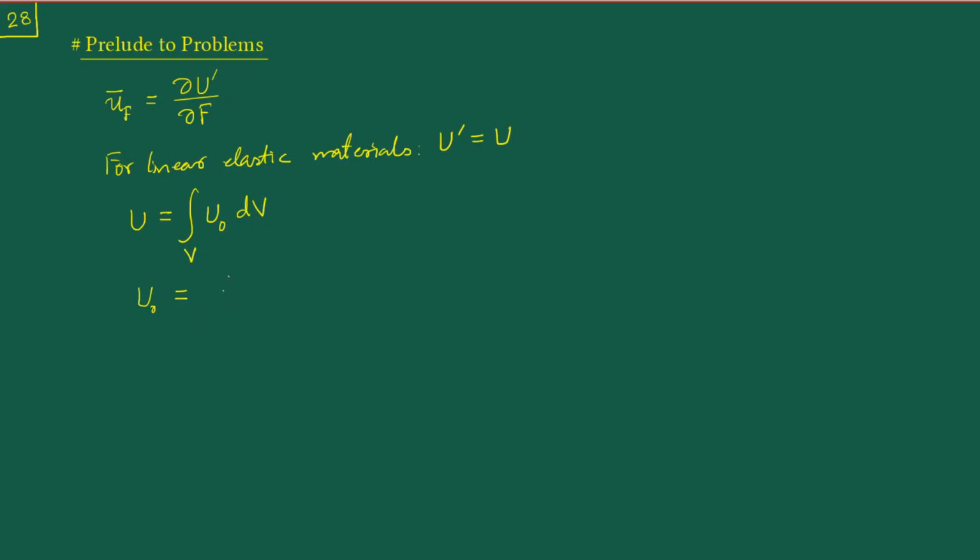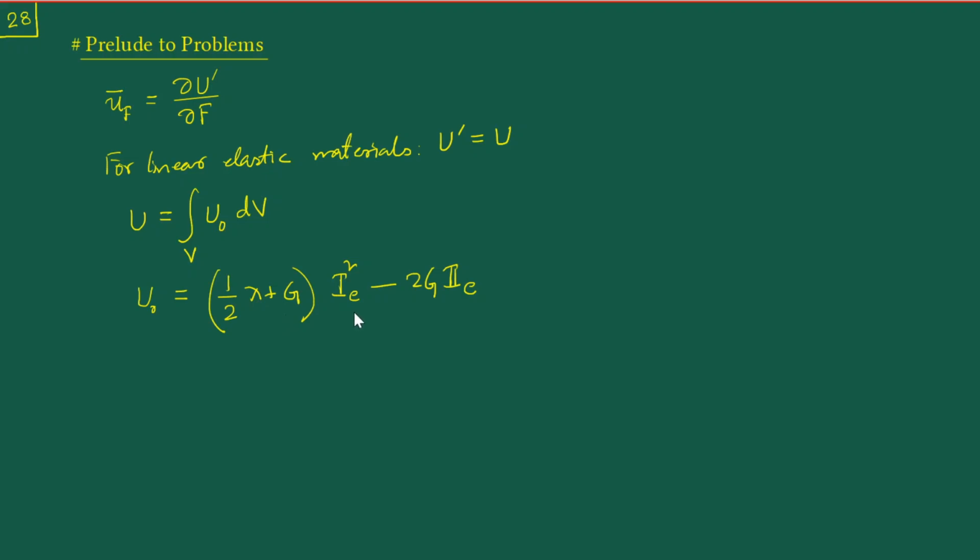Here, lambda and G are the Lamé parameters which we had discussed back in our course on applied elasticity.